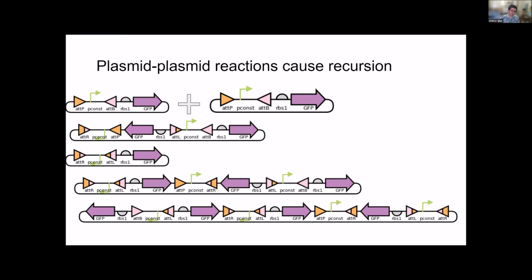The logic gates, I mean, so here's the thing. What Biocompiler does is, given this specification of a construct where you told it that you have these pieces of DNA in this order, in a string, and then also the fact that they're circular, you specify that. And what Biocompiler does is it tells you that, okay, these are all of the products that you could get from having this initial DNA construct.